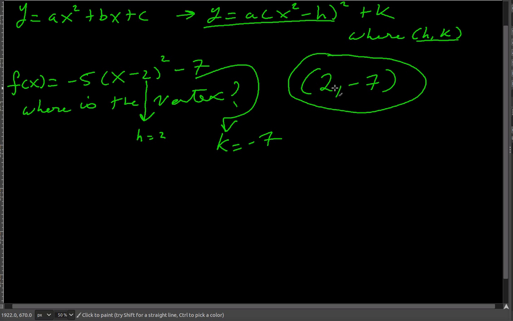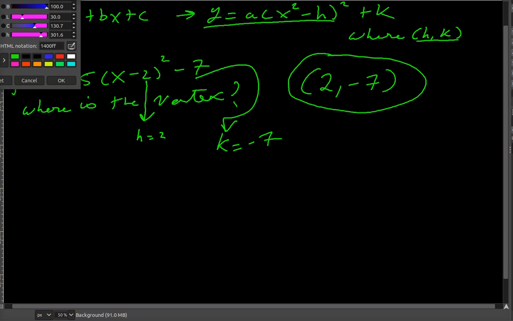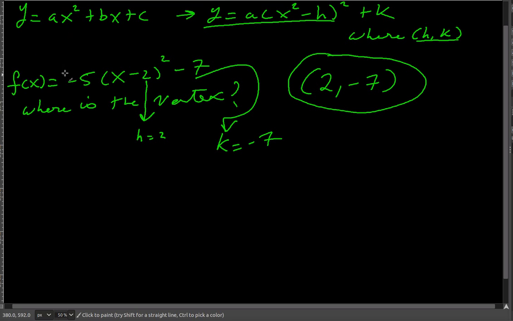Now, does this parabola open upward or downward? Well, if you understand this formula, you can just look at this negative 5 here. So a equals negative 5, and we only need to understand that if a is less than 0, then it's down, as a frown.